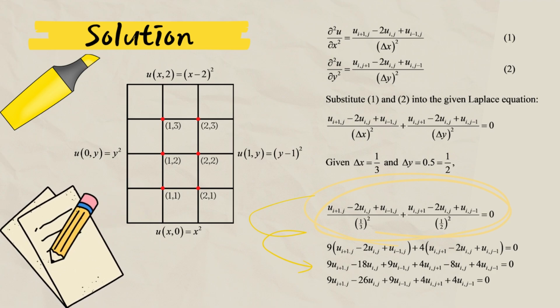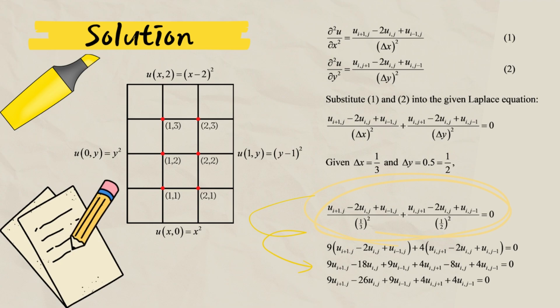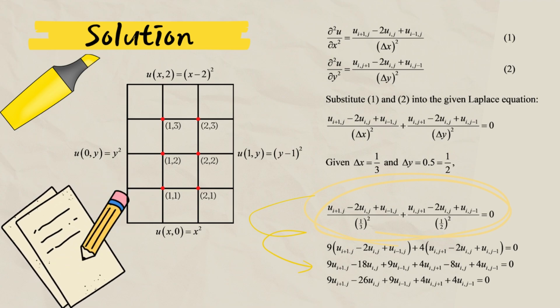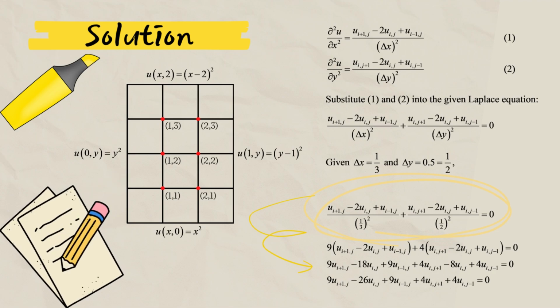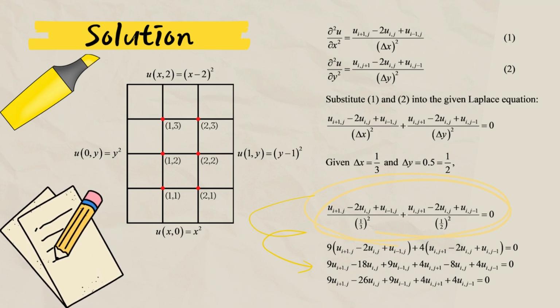After further simplifying, we will obtain a formula which is 9u(i+1,j) minus 26u(i,j) plus 9u(i-1,j) plus 4u(i,j+1) plus 4u(i,j-1) equals 0.